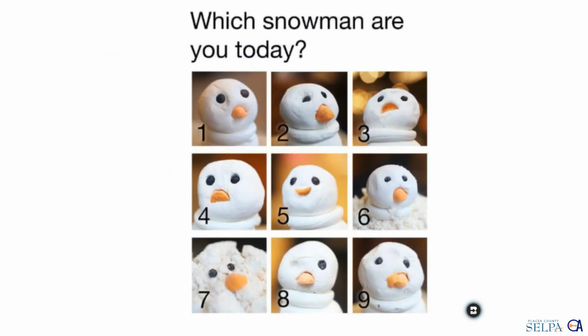So as we get started today, on this last week before most of us go on vacation, there is a little marshmallow snowman activity, a little bit of a how are you feeling check-in. So what I'd like you to do is put your name, your role, and which number snowman describes how you are feeling. So I realize that this week it may be changing daily, and actually might even be changing hourly.